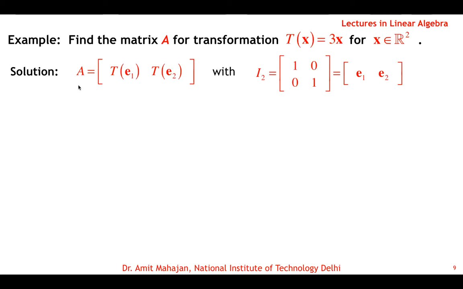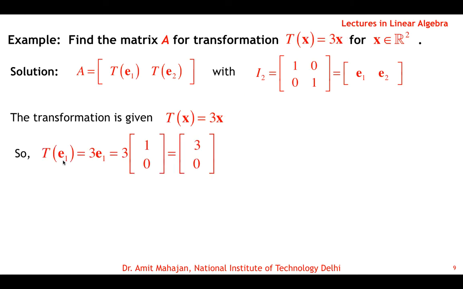So A will be a matrix of Te1 and Te2, because E1, E2 are the only two vectors in the identity matrix in R2. Now we just need to calculate what Te1 and Te2 are, where E1 is the first column of the identity, that means 1 0, and E2 is the second column, 0 1. We can calculate Te1 and Te2 because the transformation Tx is given as 3x, so T of E1 will be 3 of E1 and T of E2 will be 3 of E2.